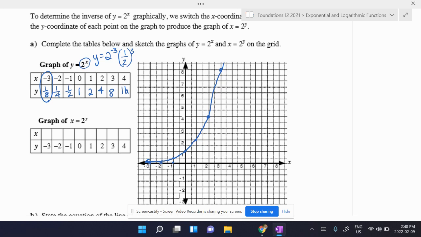And then we have x is equal to 2 to the power of y. So in this case, we've put the y's in here. And this becomes 1/8, 1/4, 1/2, 1, 2, 4, 8, 16. So now when y is equal to minus 3, x is equal to 1/8.